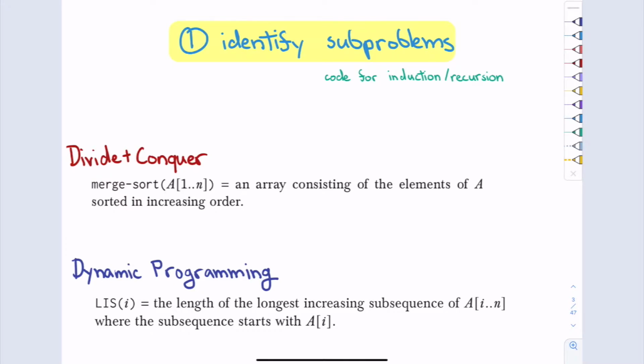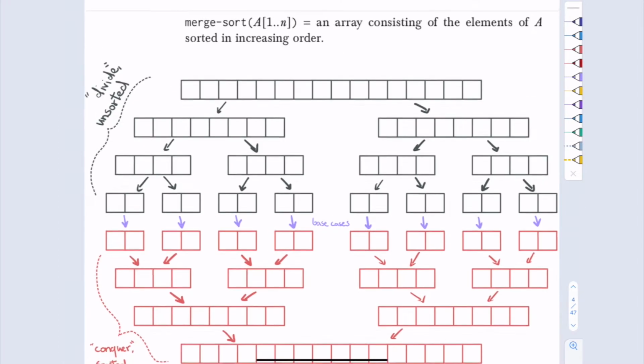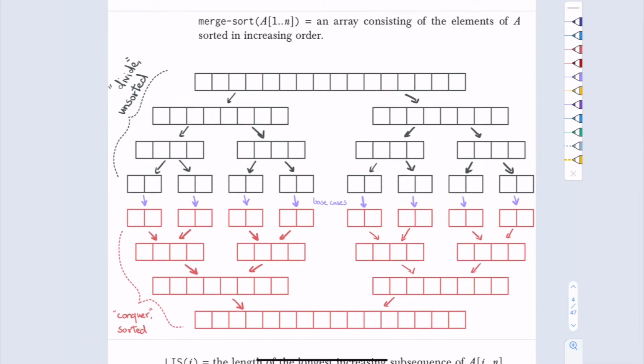Let me open this up a little more. So, how did merge sort decompose its subproblems? At the top we start with some unsorted array. Everything in black is unsorted, and then it eventually starts to get sorted and turns red. We keep dividing in half, dividing in half, dividing in half, if you actually were to unroll the whole recursion, until we get down to a base case of one or two elements. I use 2 as a base case.